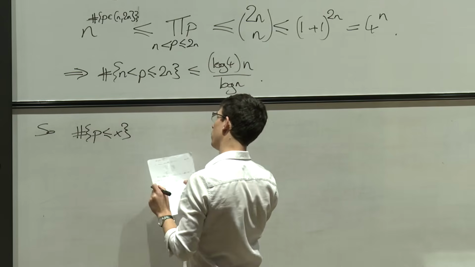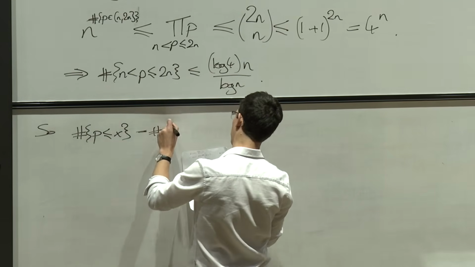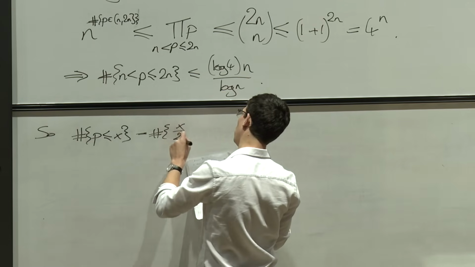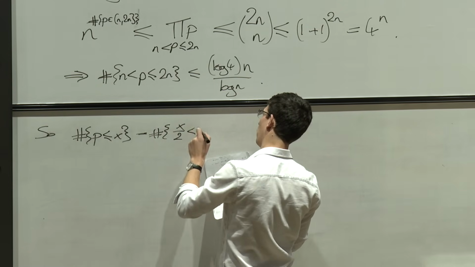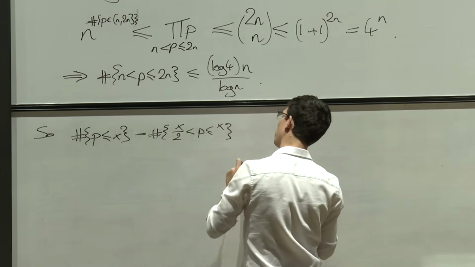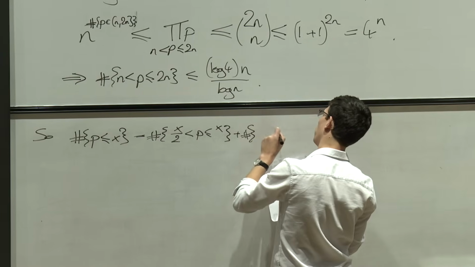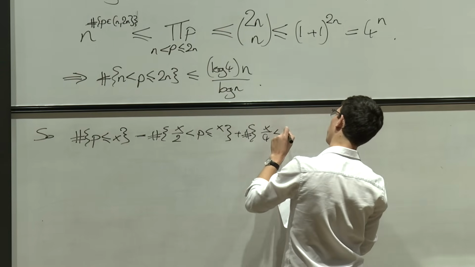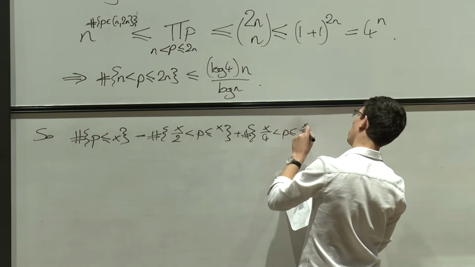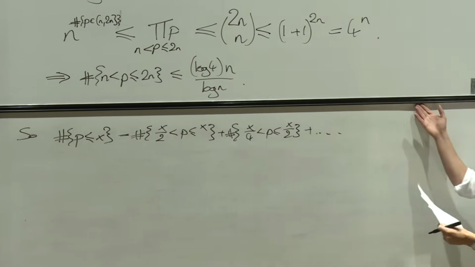The number of primes which are less than or equal to x is equal to the number of primes between x over 2 and x, plus the number of primes between x over 4 and x over 2, and so on.